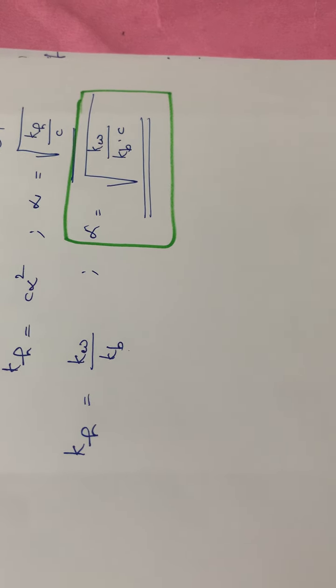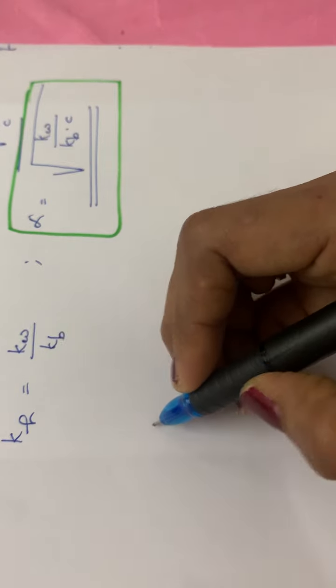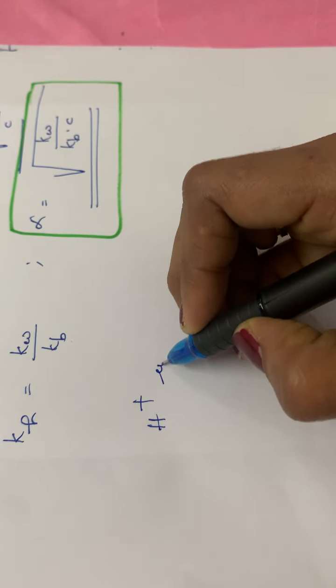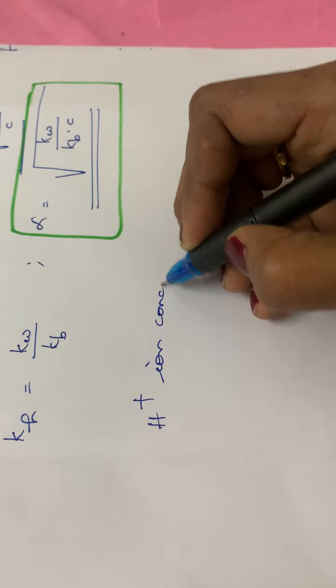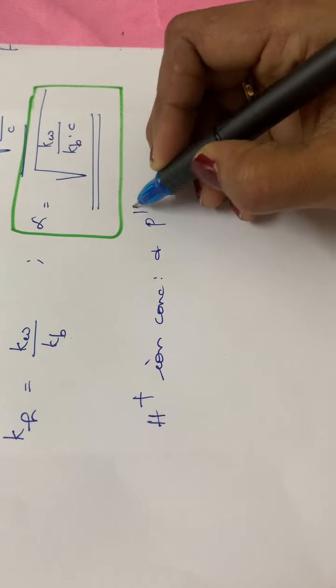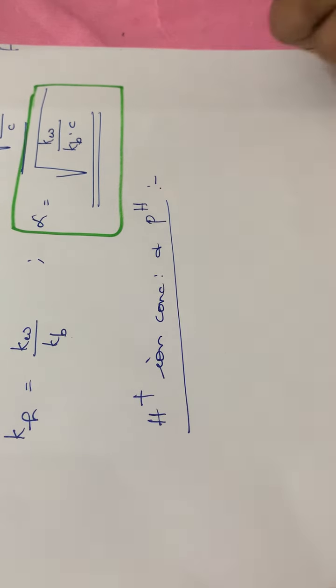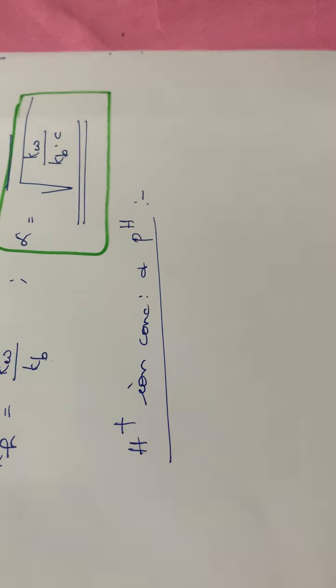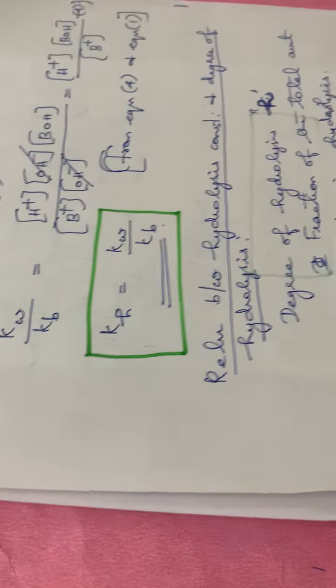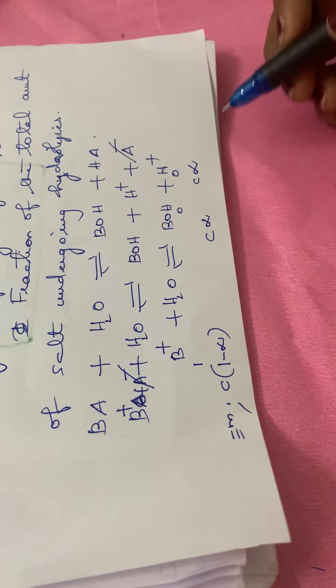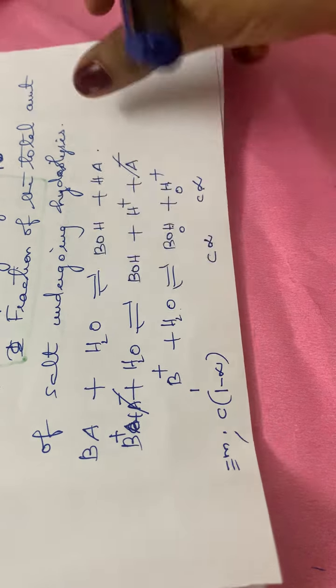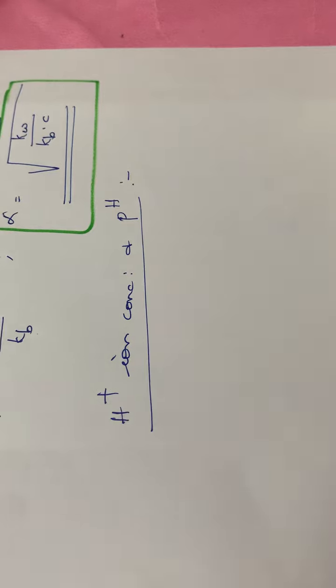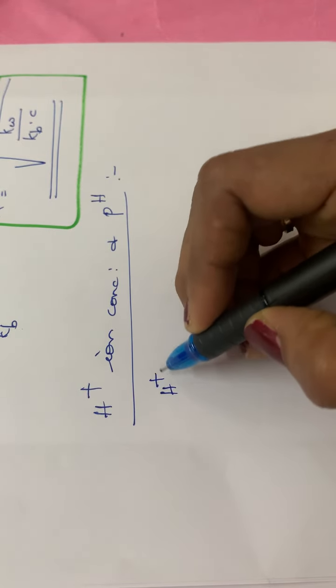Then the next one, that is the H plus ion concentration and pH. So from this equation, what is H plus ion concentration? H plus ion concentration is equal to C alpha, isn't it?